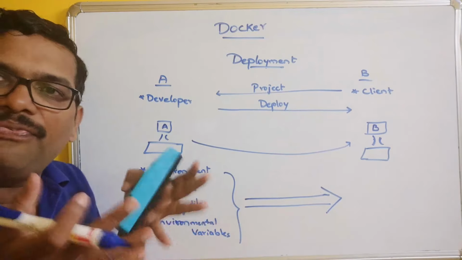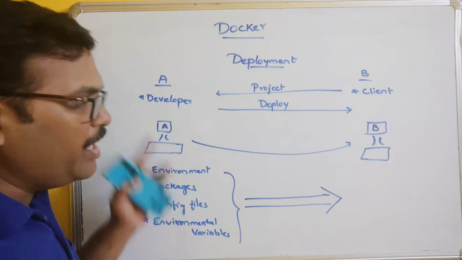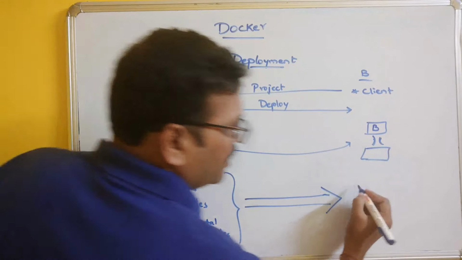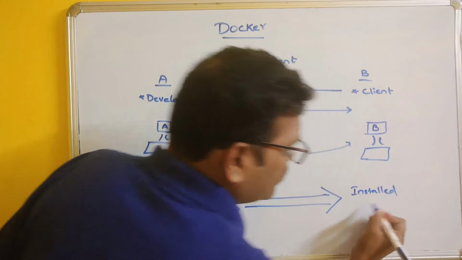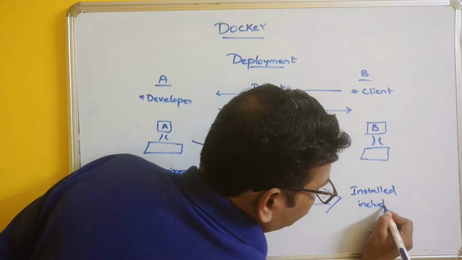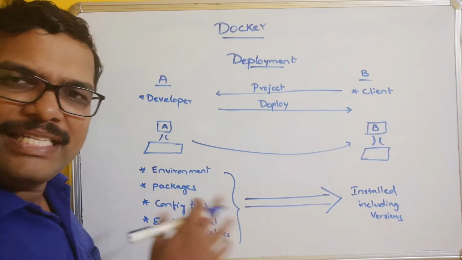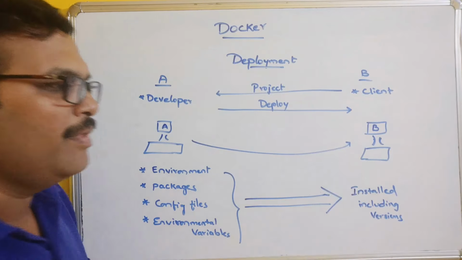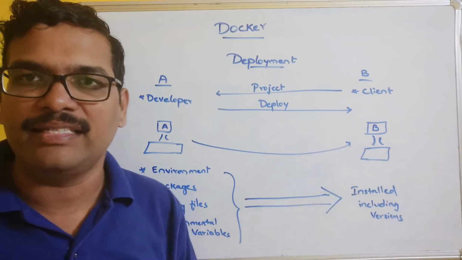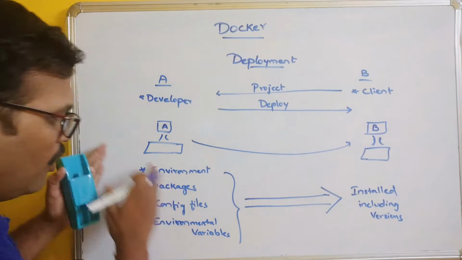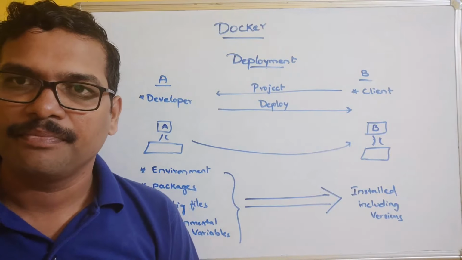Whatever files are related to the project or application developed by the developer should be loaded in client B. Everything should be installed, including versions. If the client system doesn't meet these requirements, then obviously the project or application may not run there, because of the difference between what the developer used and what is available in the client system.